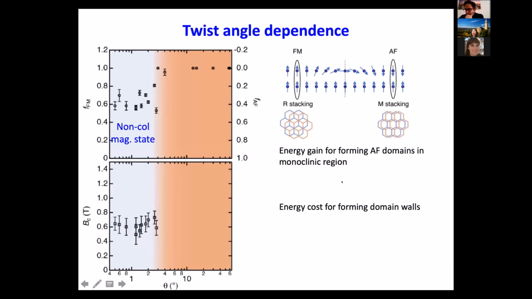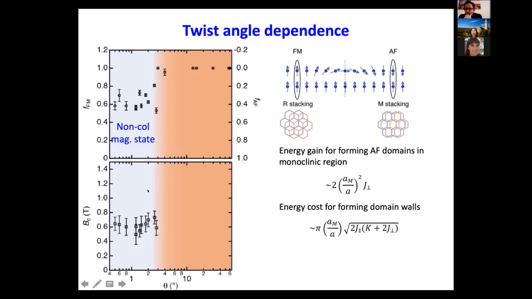So we are looking at two competing energies. We gain a little bit of energy for forming antiferromagnetic domains in this monoclinic region, but we need to pay energy for forming domain walls. The energy gain for forming antiferromagnetic domains is proportional to the area of the monoclinic region, so it's proportional to the size of the Moiré pattern squared. And the energy cost for forming domain walls is proportional to the length of the superlattice, so it's linearly proportional to that.